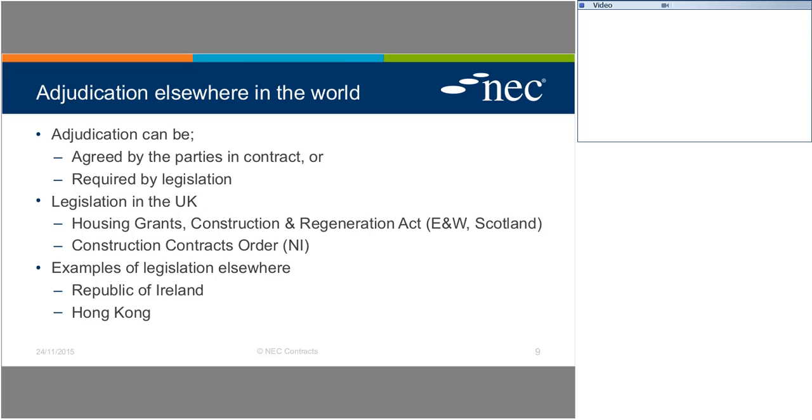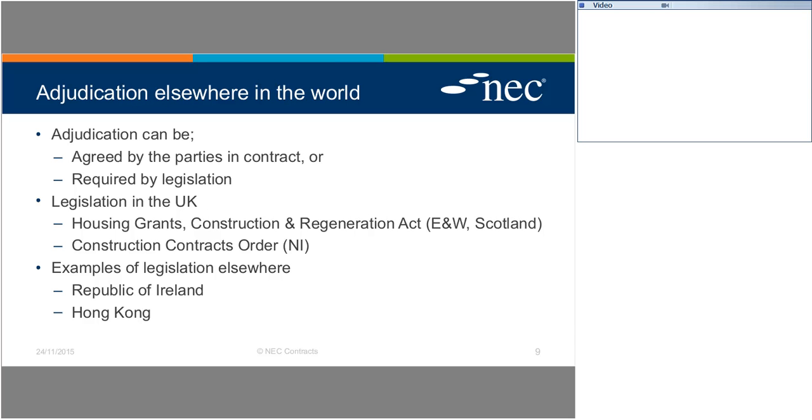Now, within the UK, the Housing Grants, Construction and Regeneration Act, and you'll be tested on this later, was amended back in 2011 by the Local Democracy, Economic Development and Construction Act of 2009. It covers the jurisdictions of England and Wales and Scotland.